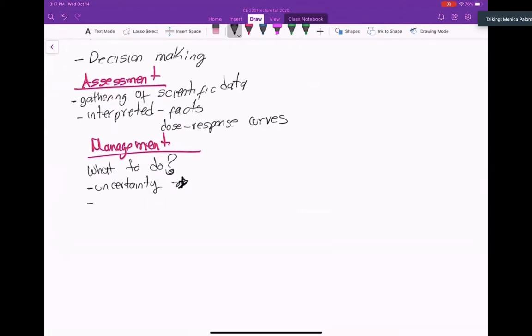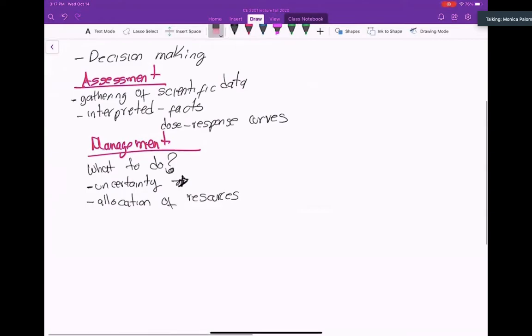Also, it's allocating resources. They need to decide if it is very expensive or the expense is justified regardless of the cost. So it could be a local expense, or local resource, or it could be state, or it could be federal.